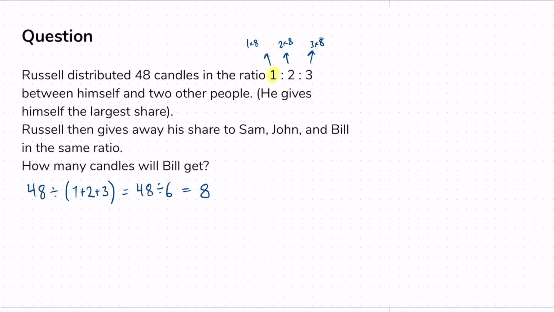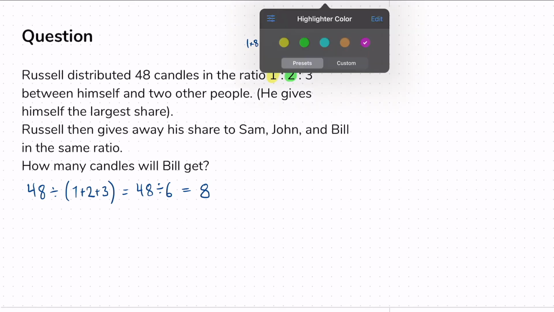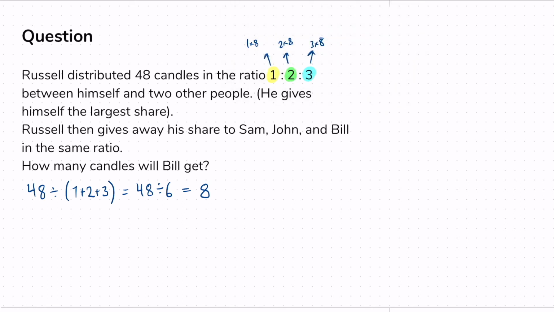Well, let's make these different colors here. Let's use a blue. Okay, so the 1 becomes 8. The 2 becomes 8 times 2, 16, and 24. And then we can get a calculator out and make sure that this adds up to 48, if you want to check that. But this is how it's been split.